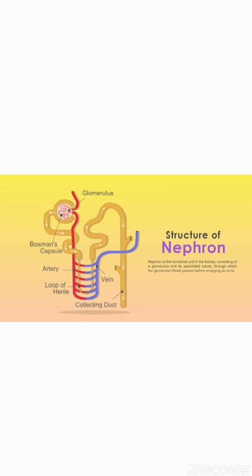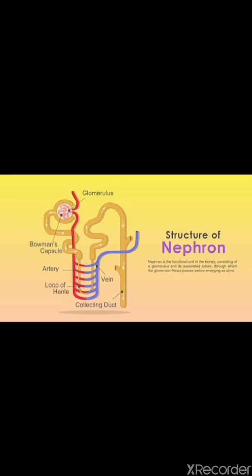Let's see the structure of a nephron, or uriniferous tubule, which is the functional unit of the kidney. Each one works as an independent unit and produces urine. The urine is collected by various ducts from all the nephrons and is finally poured into the renal pelvis.